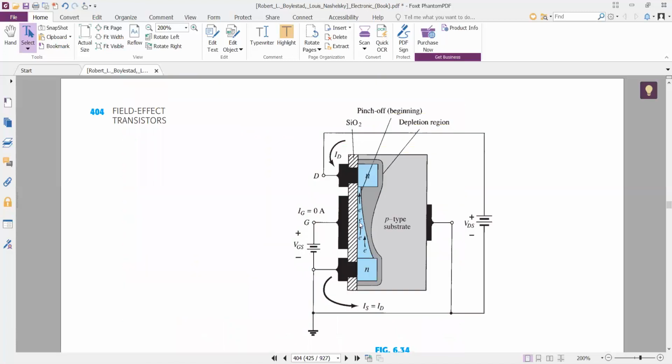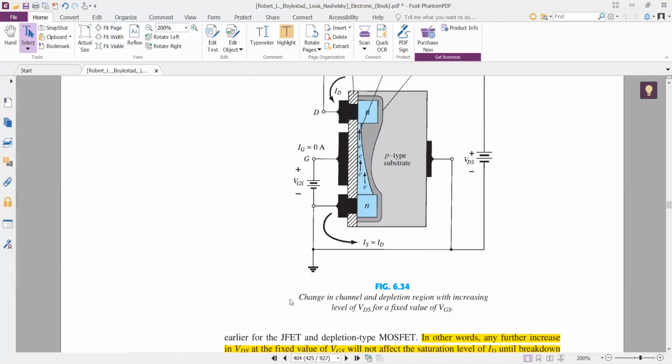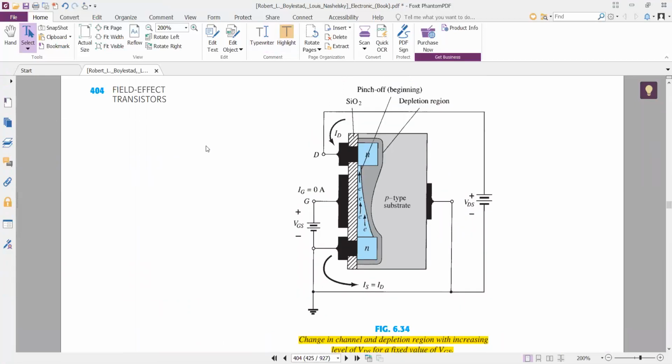So this situation, figure 6.34, shows the saturation point in which the width of the channel is reduced, or you can say pinched off, near the drain terminal.